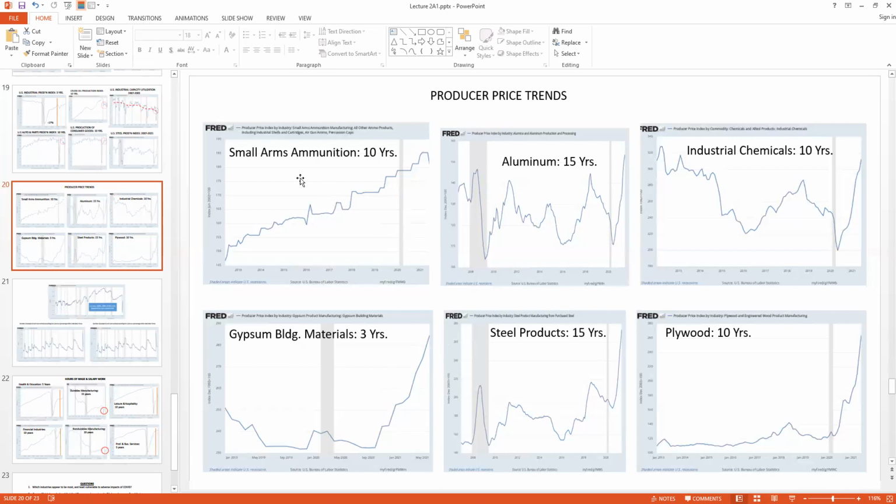Now you may wonder why this chart with small arms ammunition prices is here. And this is my somewhat attempt, I don't know whether it's humor or sarcasm.